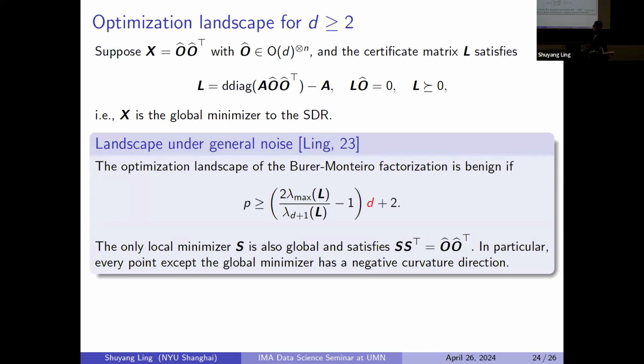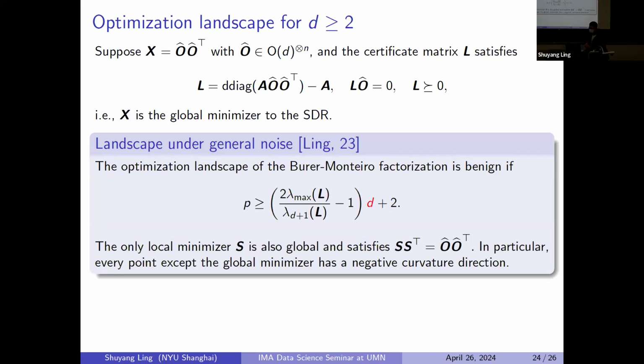I'm not sure, but for group synchronization, I think the model is very restrictive. But do you really think it makes sense for group synchronization to use Burer-Monteiro?